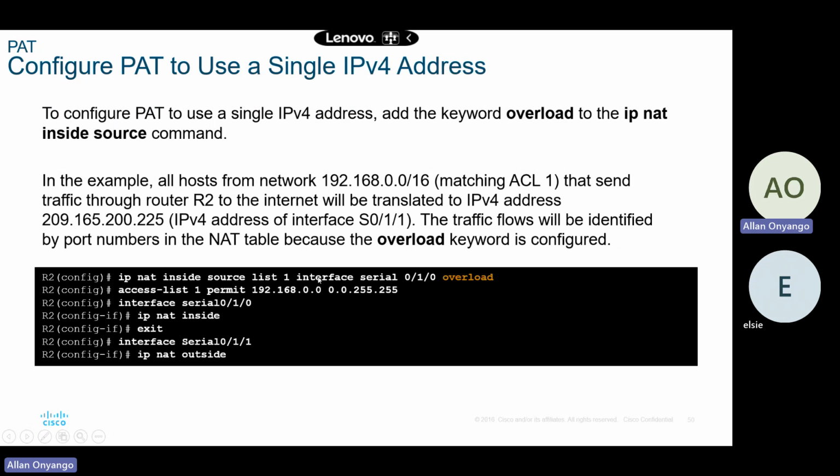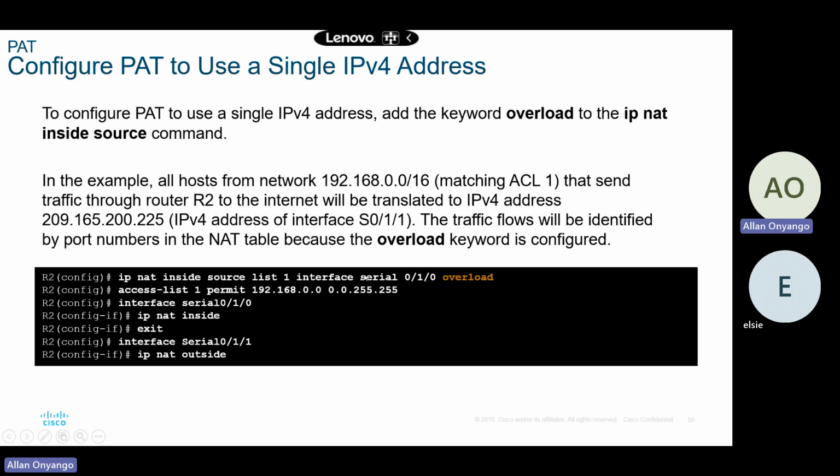Now, if you only have one IP address, and I'll be able to show you that, and that IP is configured on one of the interfaces where you need all IPs to be translated into that IP, you need to create, of course, your access control list. You say access list 1, permit this network, and you put the wildcard mask. Then you say IP NAT inside source list 1 interface.